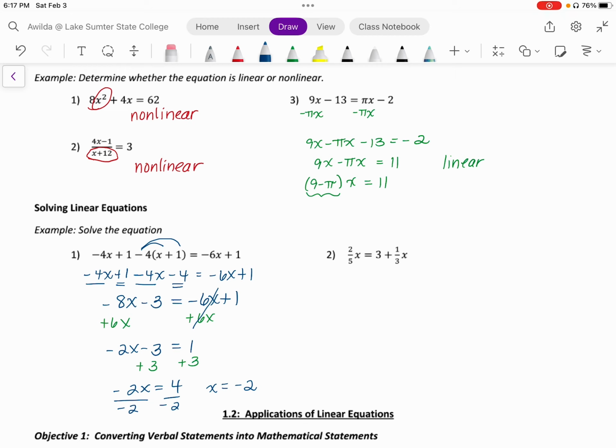To do this, we can multiply the two sides of the equation by the least common multiple of 5 and 3, the two quantities that appear in the denominators. The least common multiple of 5 and 3 is 15. So if we multiply both sides of the equation by 15, we should be able to clear those fractions right at the very beginning of the problem. While this is not required, I find that this certainly makes things a lot simpler.